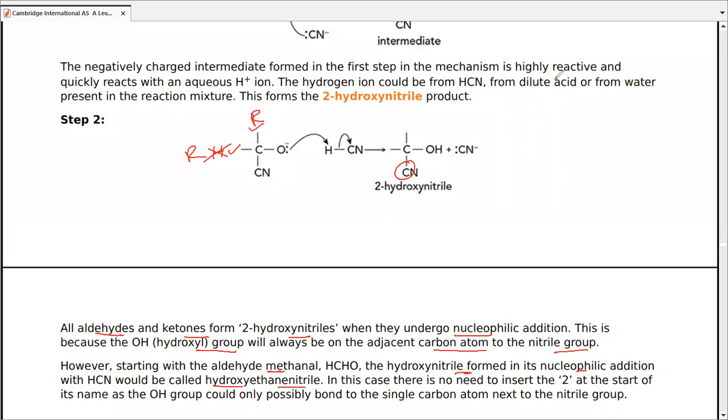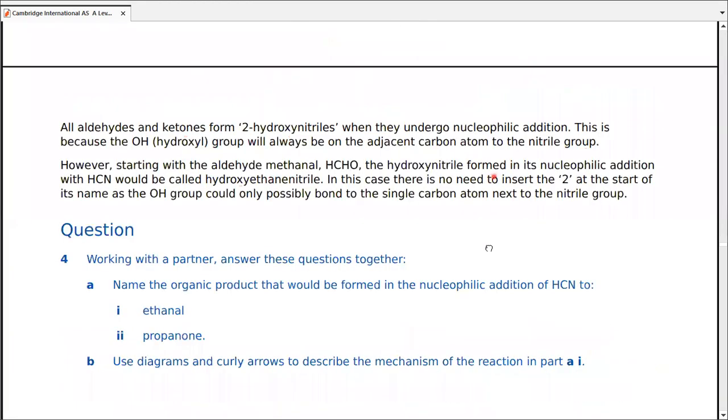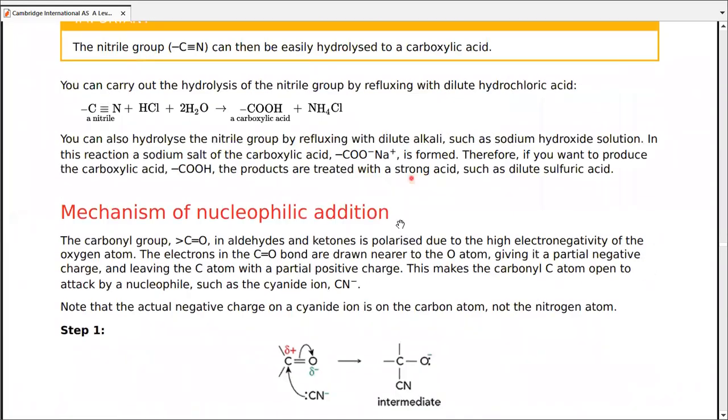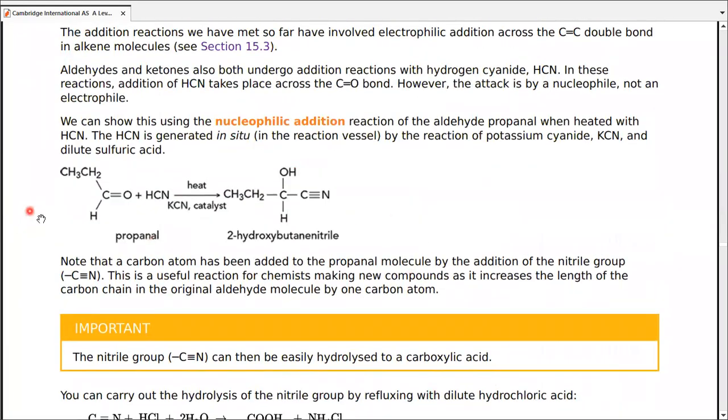Okay, now let's clarify it. Let's get back. We are working with propanal over here. We started with prop, but now we have 2-hydroxybutane nitrile. So prop was converted into but.